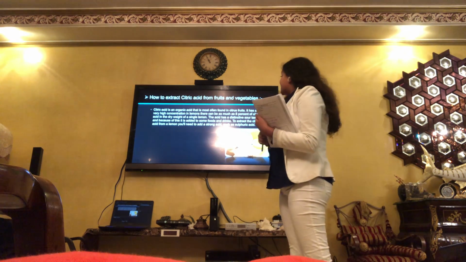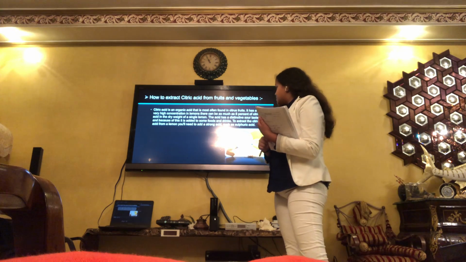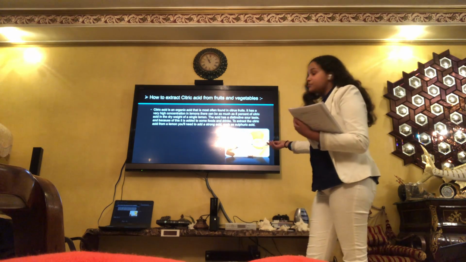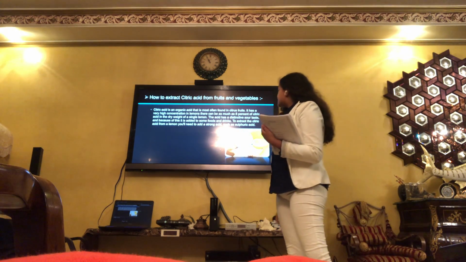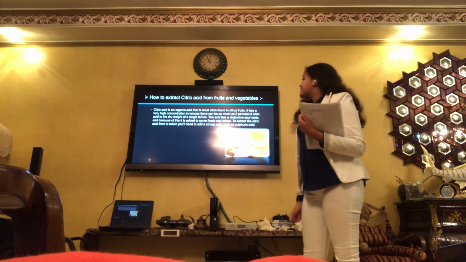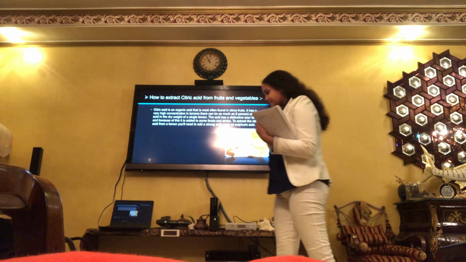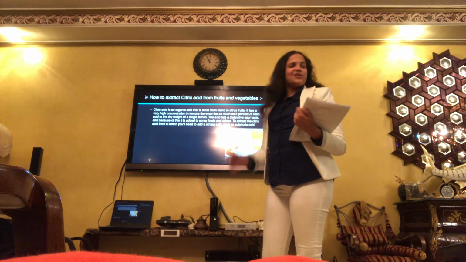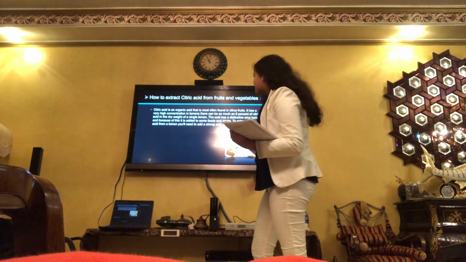It has a very high concentration in lemons, as I told you, and here is a picture. There can be as much as 8% of citric acid in the dry weight of a single lemon. That is too much citric acid in one lemon.